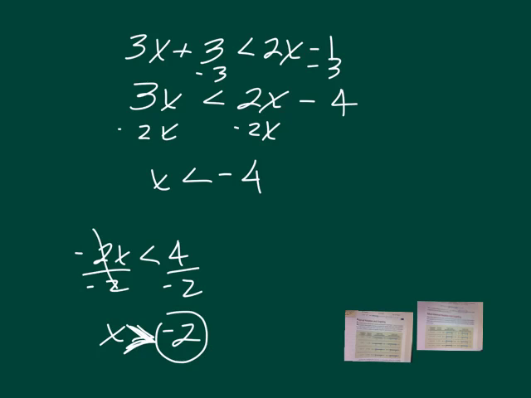Okay, so we've got this problem right here: x is less than negative 4. There is a way to write x is less than negative 4, and it's called set builder notation.